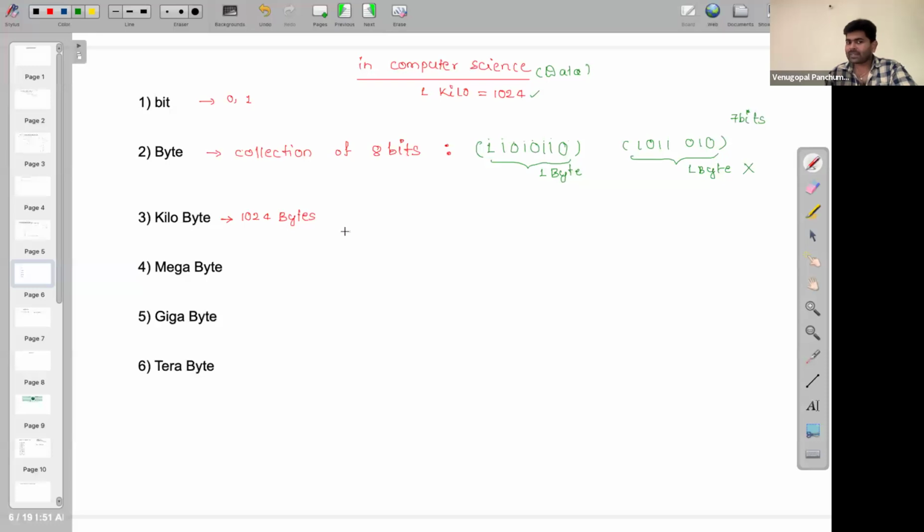So 1 kilobyte is nothing but 1024 bytes. We can also write this 1024 bytes as 2 power 10 bytes.